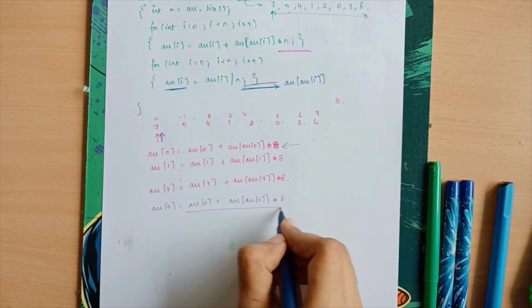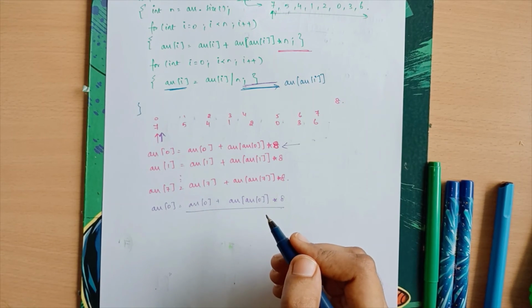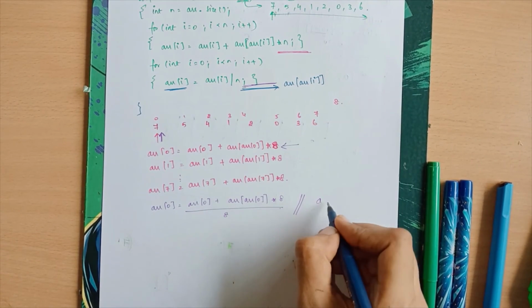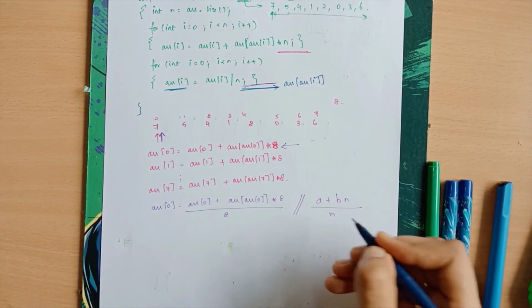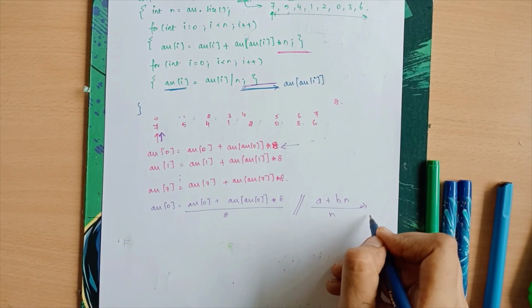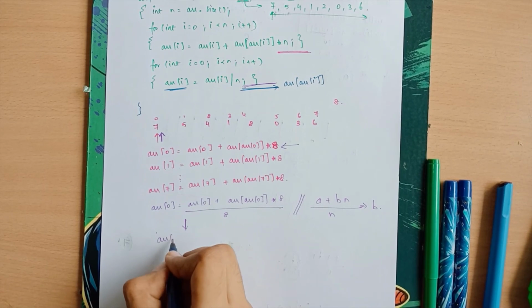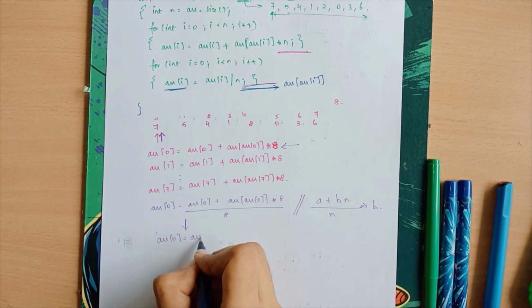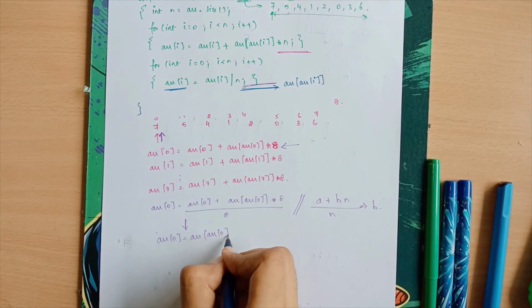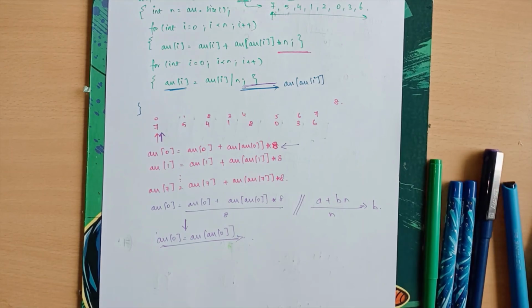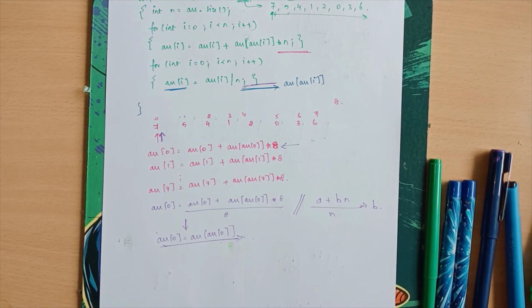So I'm going to divide it by n. This is nothing but of the form a plus bn divided by n. We had already seen that this is going to give the answer of b, which is nothing but array of 0 will automatically be initialized with array of 0. This is the final, required result, right? So we found it out, and this makes the end of our math session. Hope you enjoyed it.